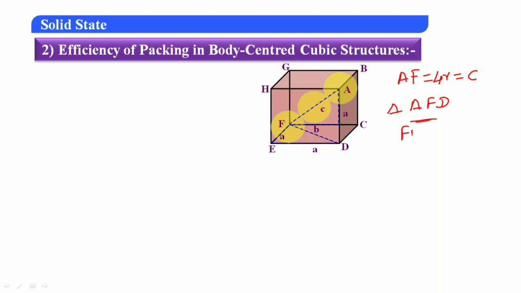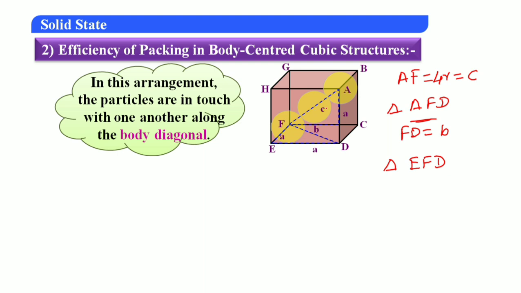FD we have considered as b. Now to calculate FD, we will consider another triangle, EFD. So b square is equal to A square plus A square, by Pythagoras formula you can calculate b. Then after calculating b, b square plus A square is equal to C square. This is the overview of this derivation.